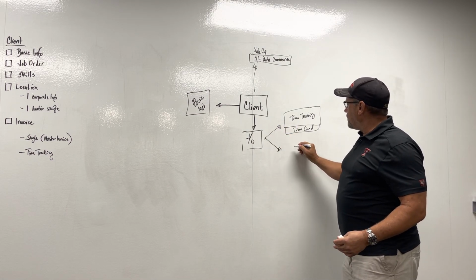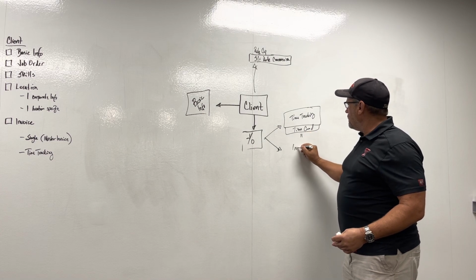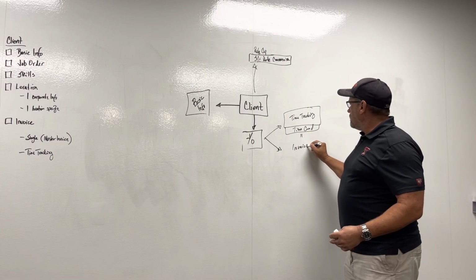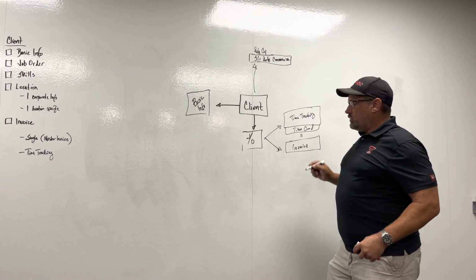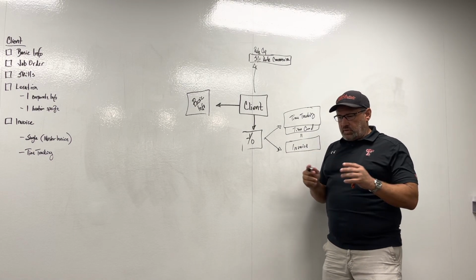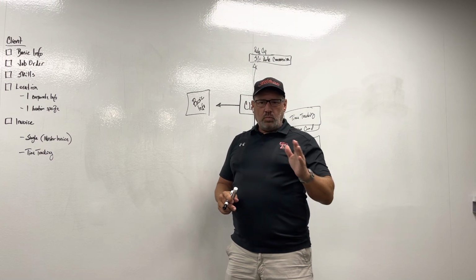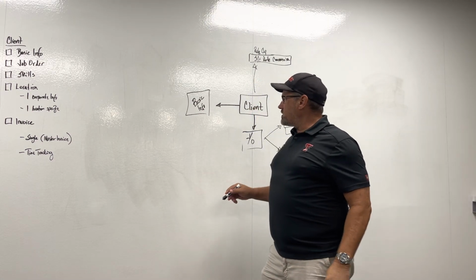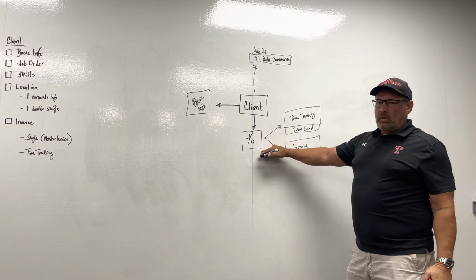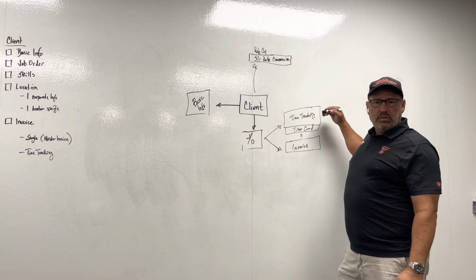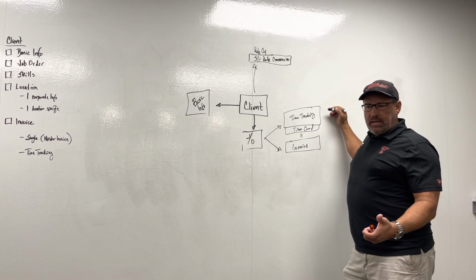And then the time card will eventually yield an invoice. Now, if the client only hires one person, we can step through this whole process against this job order, with time tracking on the candidate.